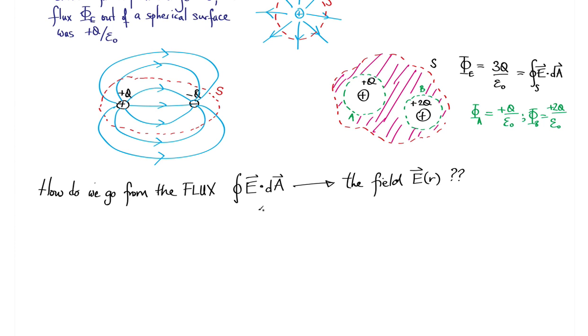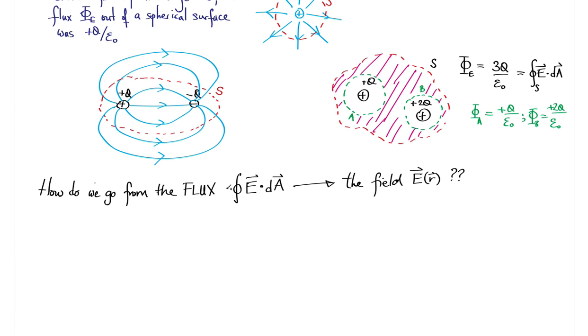So I just wrote this out over here. What we get from Gauss's law is this integral, E dot dA. But it doesn't necessarily tell us what the value of the electric field is at some given point, right? What we would like to know, and this is why we got into Gauss's law, is that it is a convenient tool that in many cases allows us to get the electric field at given points of interest.